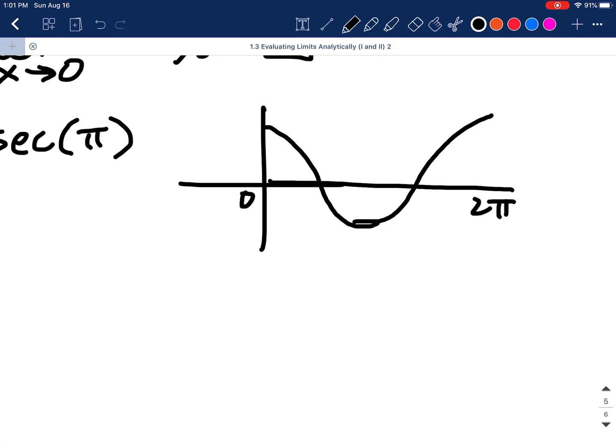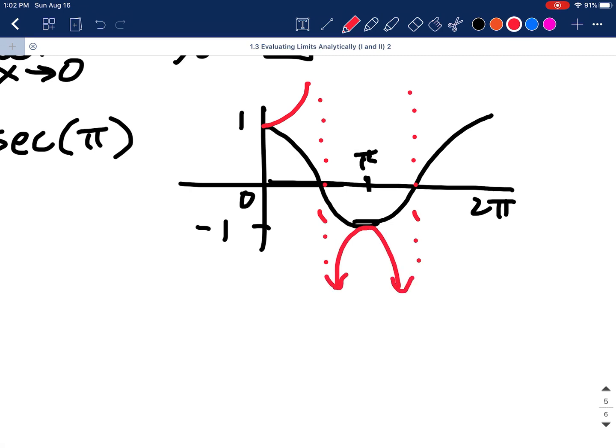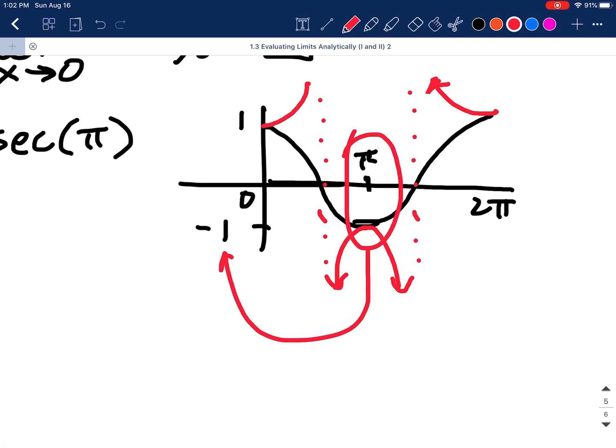So 0 to 2 pi. It's pi. So again, we're between 1 and negative 1. So if I think of my secant graph, the reciprocal is going to be undefined when we divide by 0. So our secant graph is going to look like this. But at pi, I can see it's the same as cosine of pi, which is just -1.